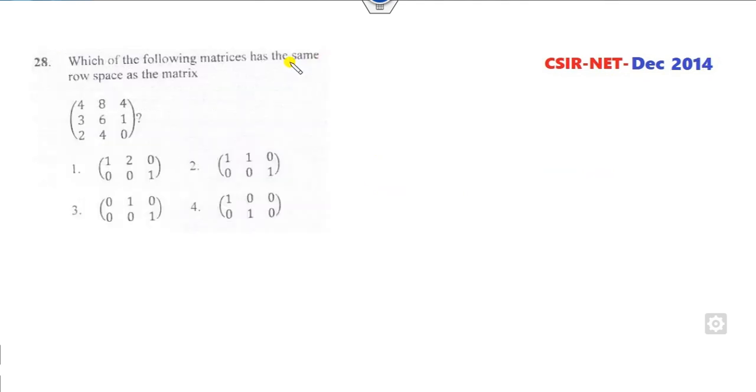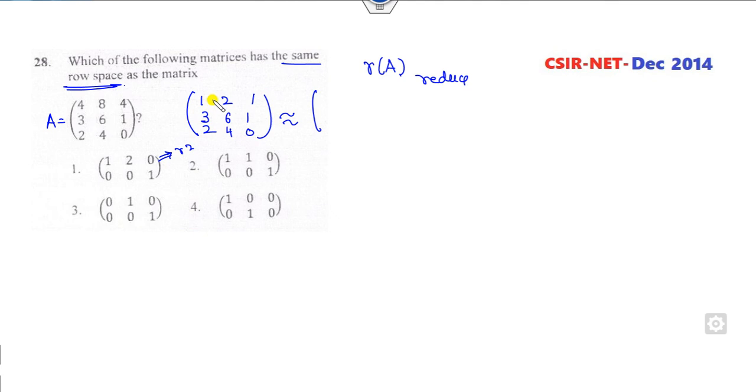Which of the following has the same row space? What is the meaning of row space? You have to find the rank of this matrix and the rank of the others. Rank of this is 2, and all are 2. But which of them reduces to this form? I can first divide here, 3, 6, 1, 2, 4, 0. Now I can multiply by 3, it will be 0.